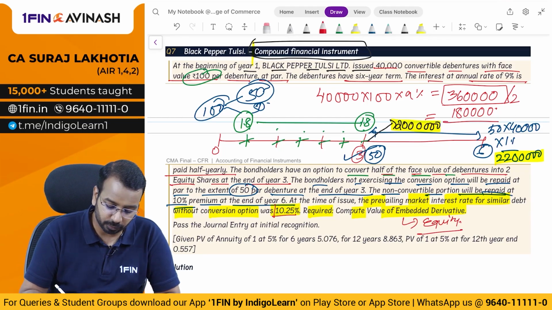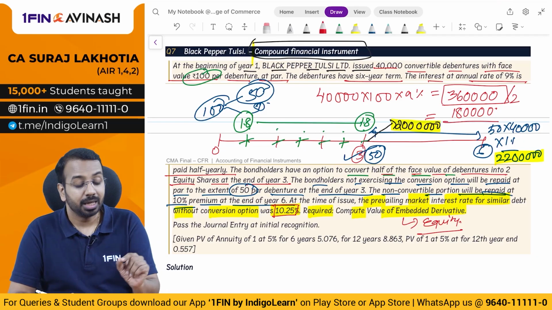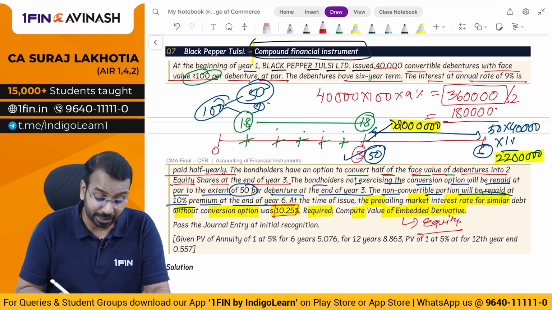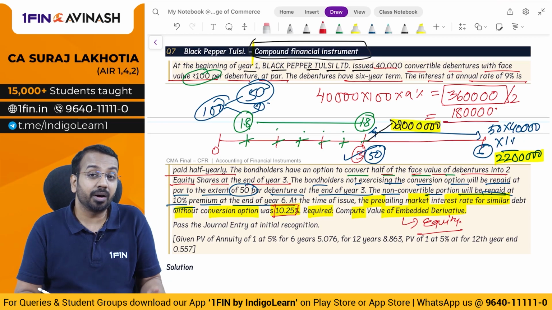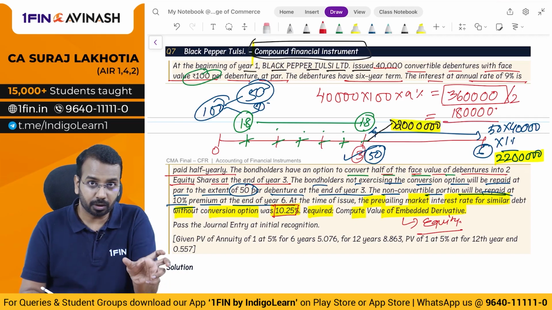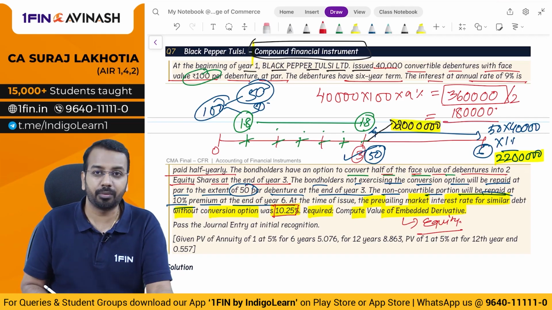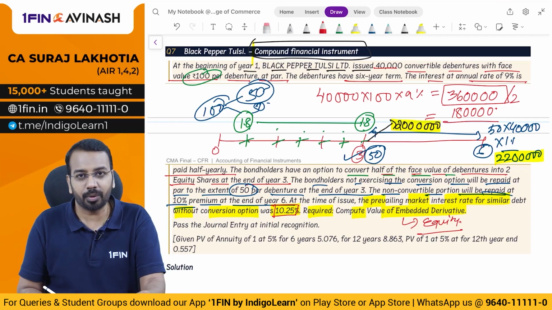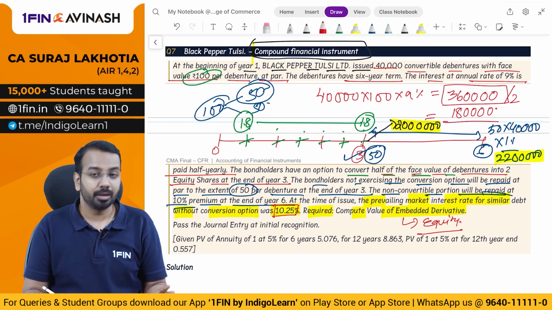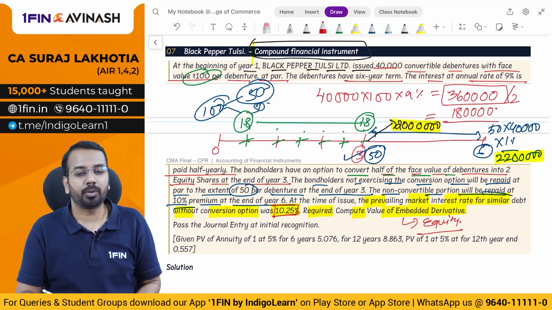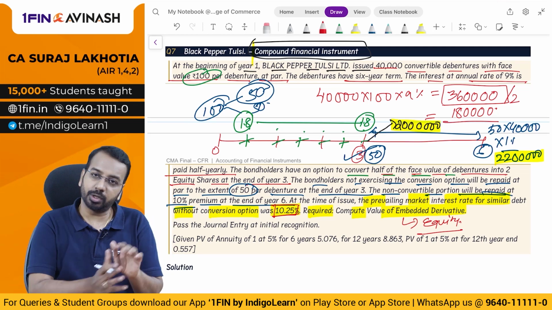Now 2-3 things that you remember. One, they have said 10.25%, the market rate. They have not said whether it is per annum basis overall or is it 6 monthly compounded. Basically, is it annually compounded or 6 monthly compounded? Because if this is an annual compounding, you will divide it by 2 and do the calculation.